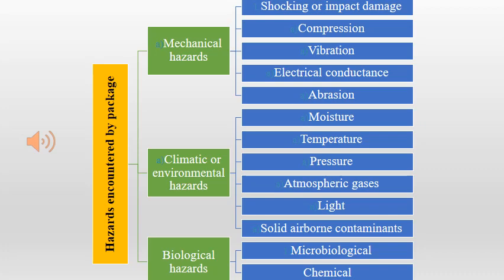Now, these are of five types: shock or impact damage, compression, vibration, electric conductance, and abrasion. Then, under climatic or environmental hazards, come adverse effects due to moisture, temperature, pressure, atmospheric gases, light, and solid airborne contaminants. Biological hazards include microbiological and chemical hazards.